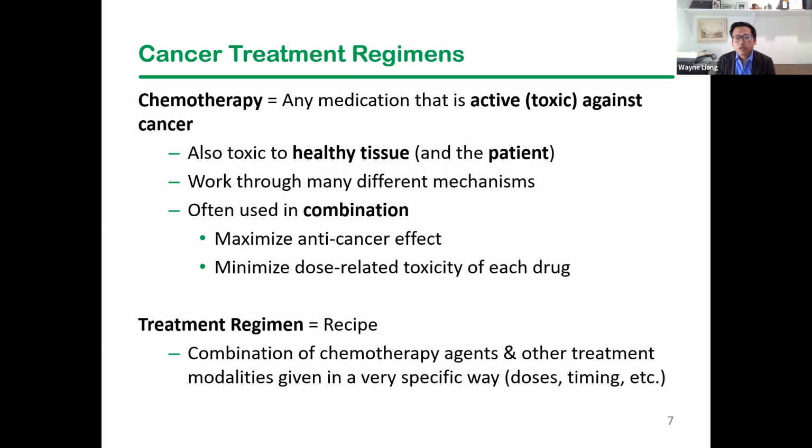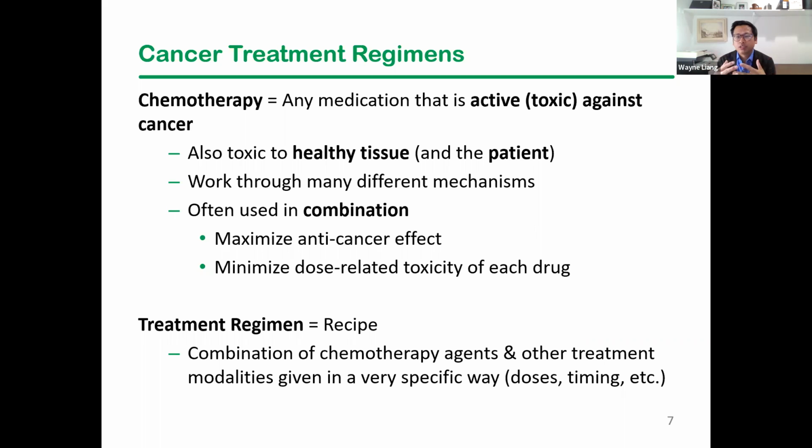And so when we create cancer regimens, we often combine different types of chemo that use different mechanisms in a combinatorial way so that we can minimize the toxicity of each individual agent. Because you can imagine, as you increase the dose of a chemotherapy agent, the toxicity also increases. But what if we can give a medium dose of this agent plus a medium dose of this agent plus a medium dose of this agent?